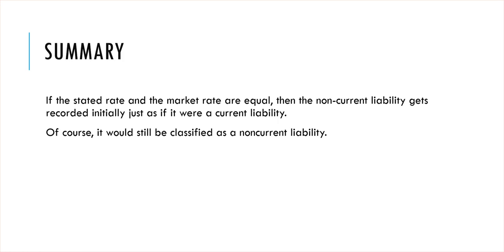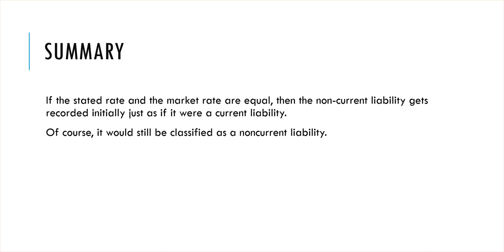So to summarize this, if the stated rate and the market rate are equal, then a non-current liability gets recorded just the same way as if it was a current liability. And to record this, we would record it at its maturity value, which, we can prove this, is also the present value.